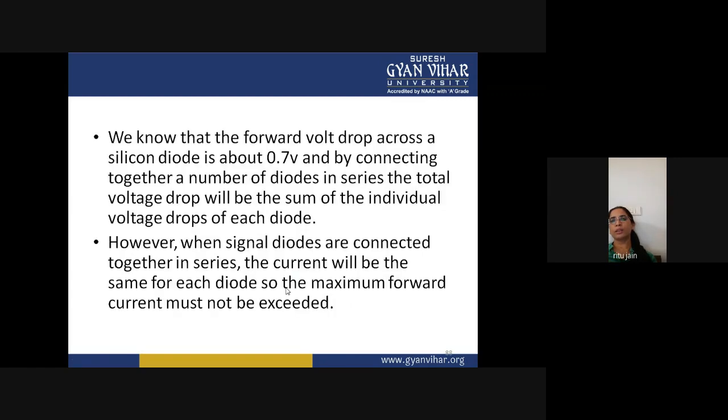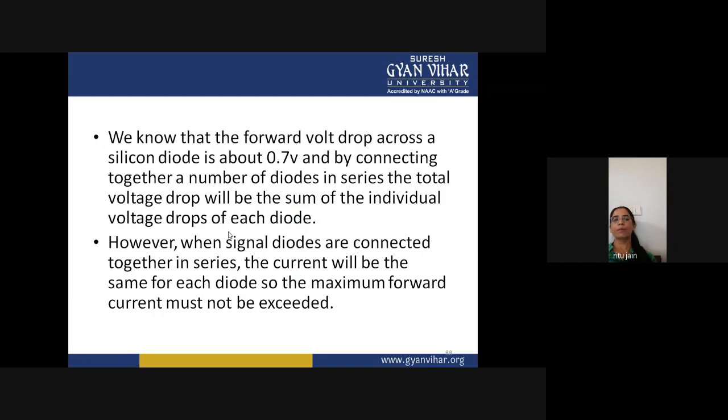So we know that the forward voltage drop across a silicon diode is about 0.7 volt, and by connecting together a number of diodes in series, the total voltage drop will be the sum of the individual voltage drop of each diode, because you know the voltage is always divided in the series combination, and it always remains same in the parallel combination.